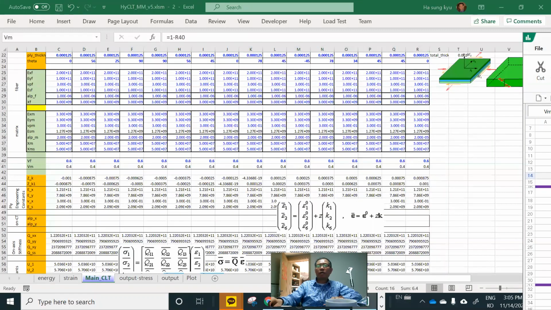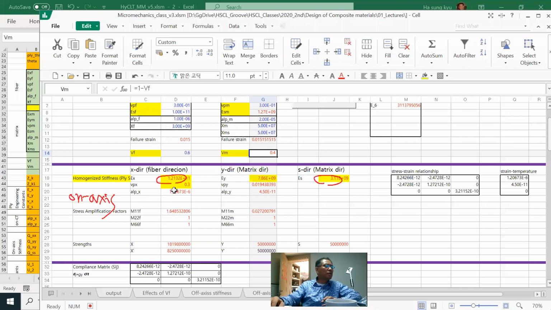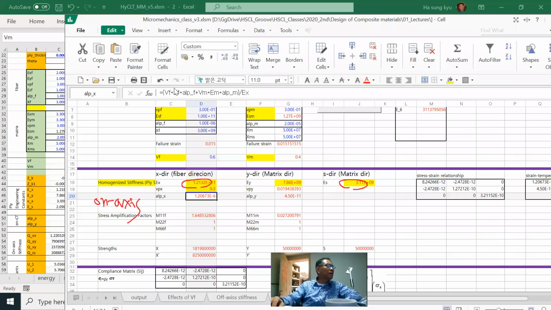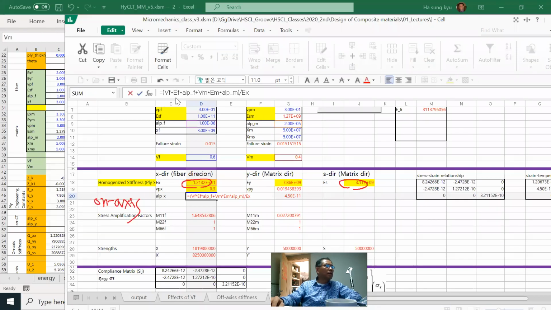And I'm gonna copy these equations, right? And double check. Okay, fiber. This EXF has to be changed. We use the EXF.